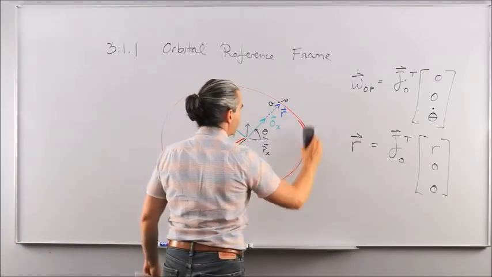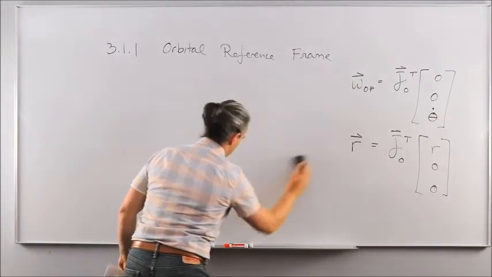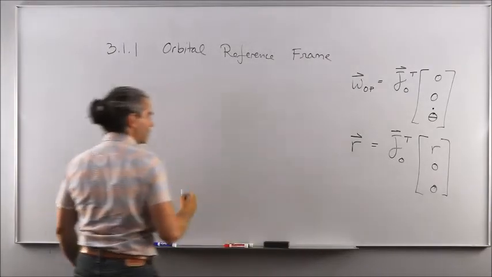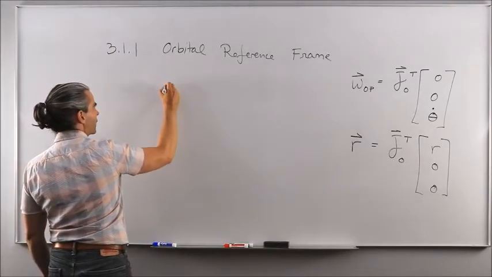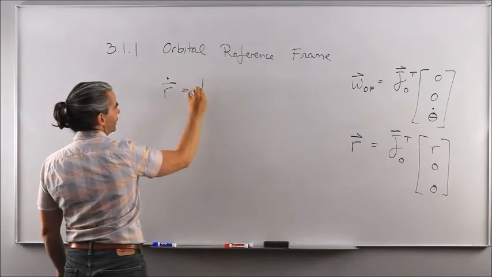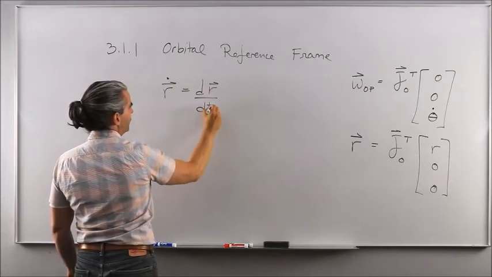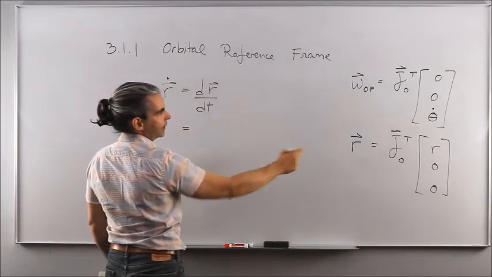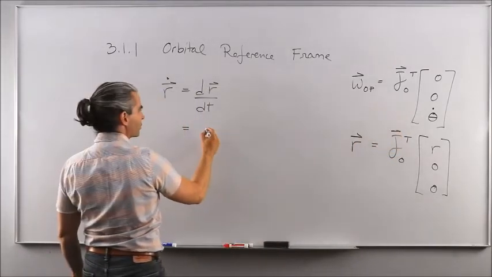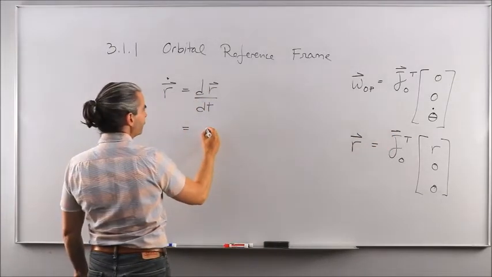Furthermore, we could look at the velocity vector of the spacecraft, described in terms of its components in the orbital reference frame. All we have to do is take the time derivative of our position vector R. This is a vector, so I need to apply the chain rule because it's a vector times a column matrix.